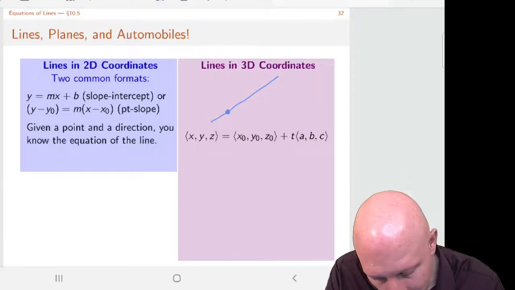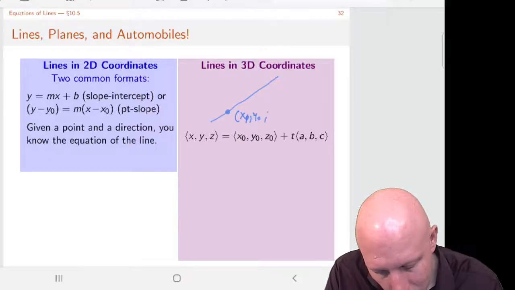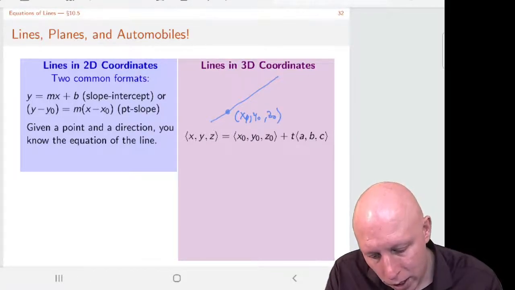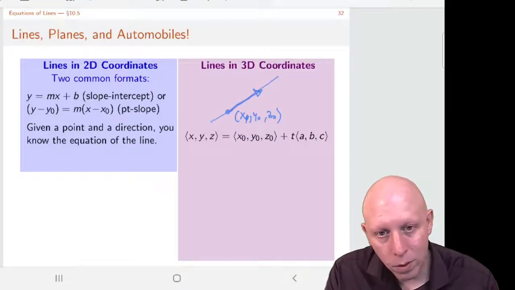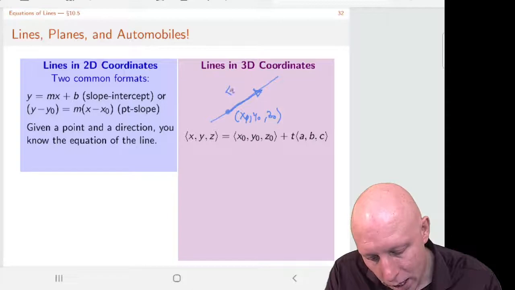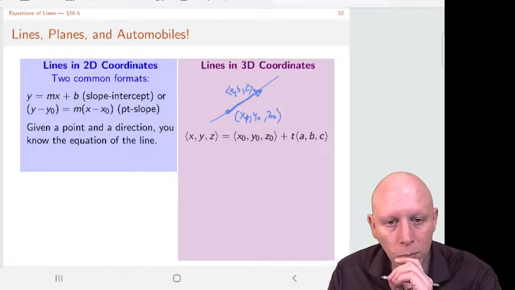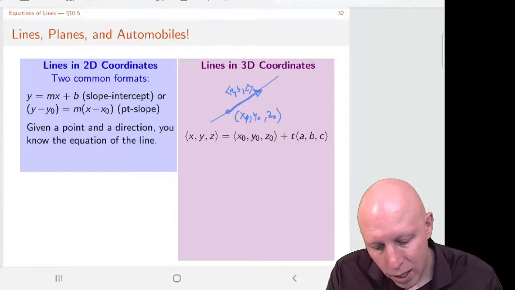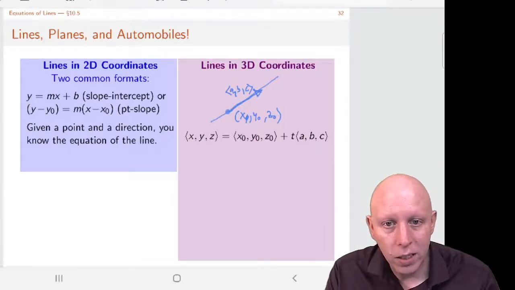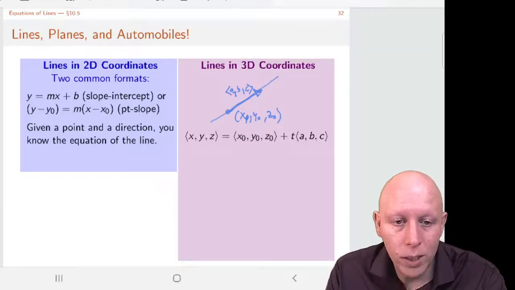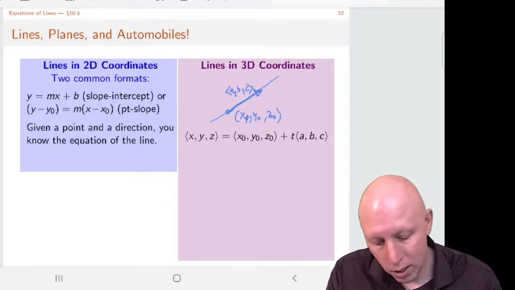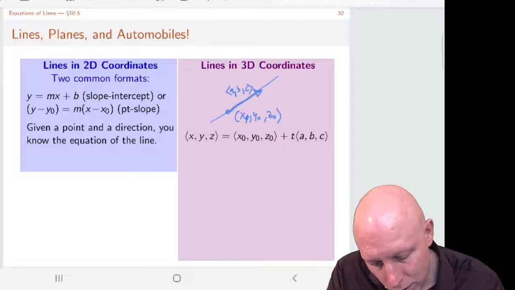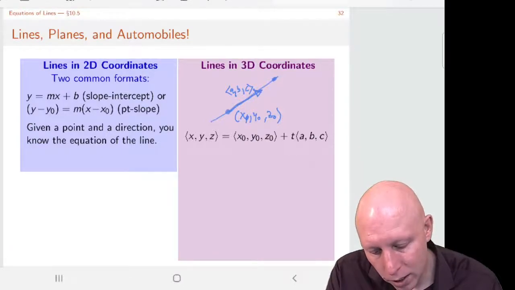So we need this point x naught, y naught, z naught, and we need the vector in which direction you're going. We're going to call that A, B, C. If you have x naught, y naught, z naught, and that vector ABC, then you can write down the equation of any point on that line.